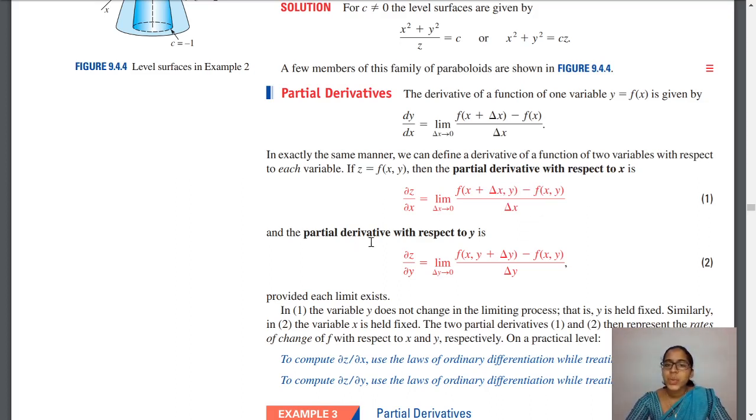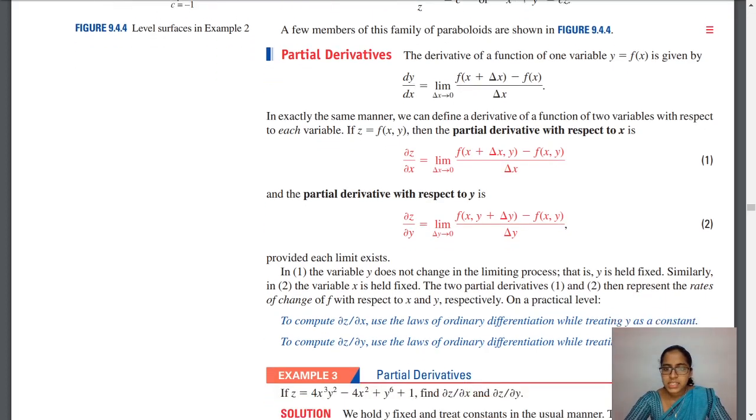And the partial derivative with respect to y is dou z by dou y, which is equal to the limit as delta y tends to 0 of f of x comma y plus delta y minus f of x, y, whole divided by delta y. In the first case, we took the limit in x keeping y constant, and in the other case we applied the limit delta y tends to 0 keeping x constant.